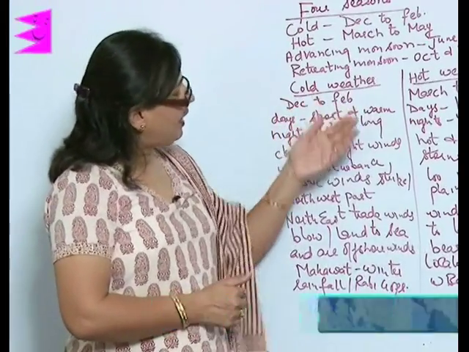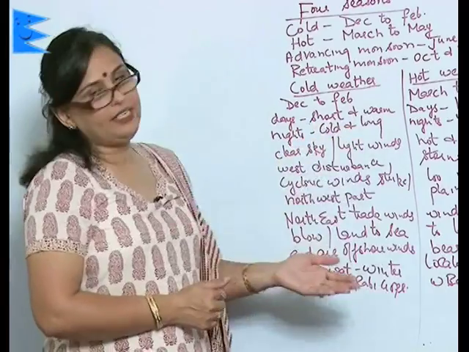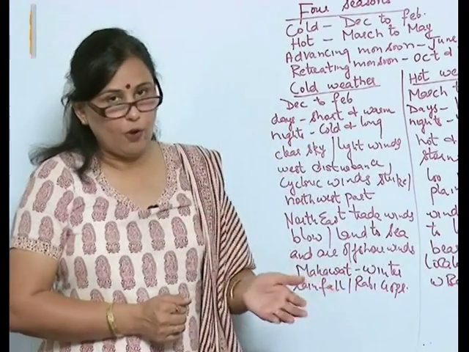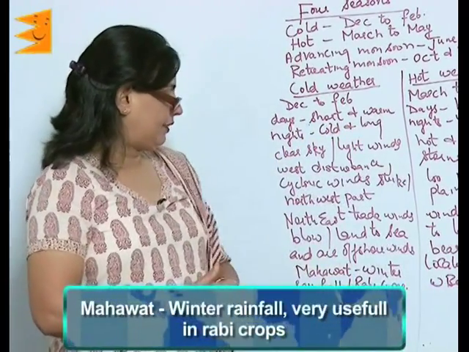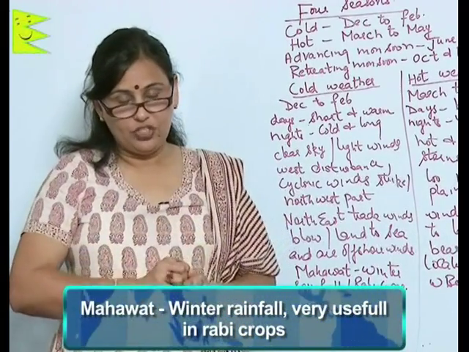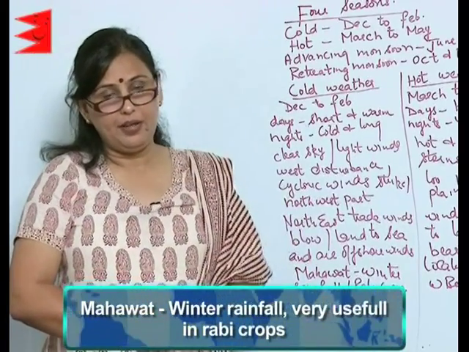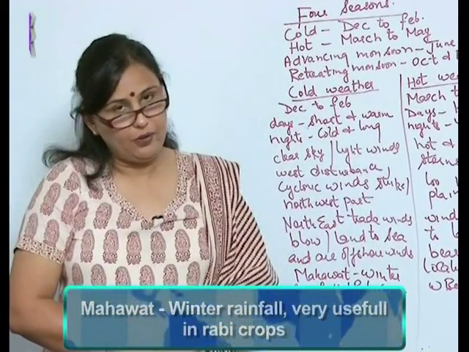Well, a very important and interesting feature of the cold season in India is what we call the Mahavat. This is the winter rainfall which occurs and is very useful and helpful for the Rabi crops.